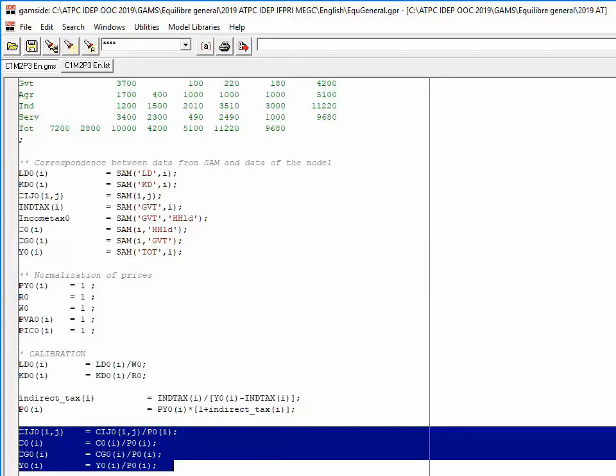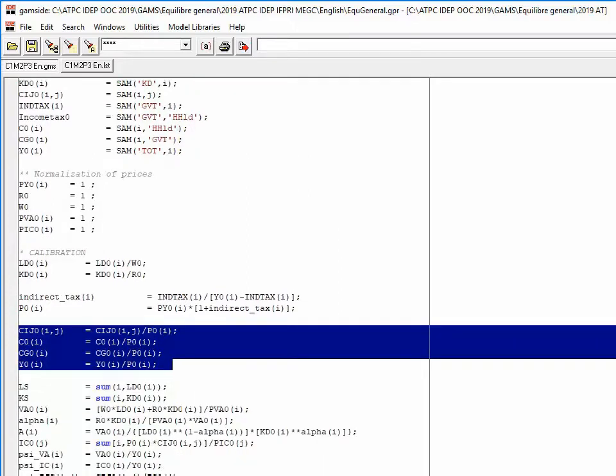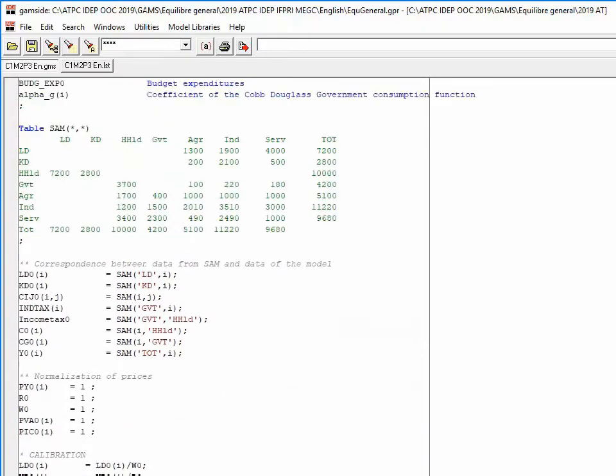For example, in its utilizations of the income of 10,000, households make a final consumption expenditure valued at consumer prices, so 1,700 in the agricultural sector, 1,200 in the industrial sector, and 2,400 in the services sector.